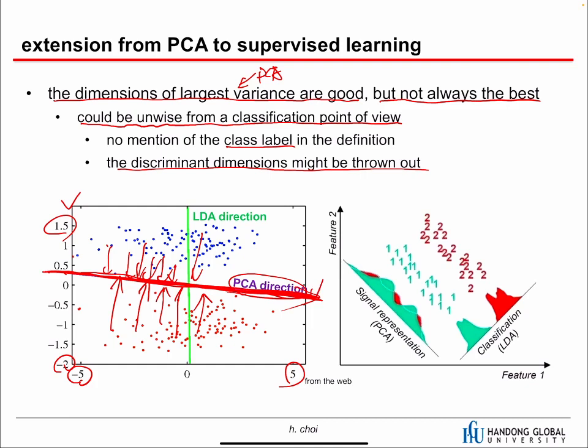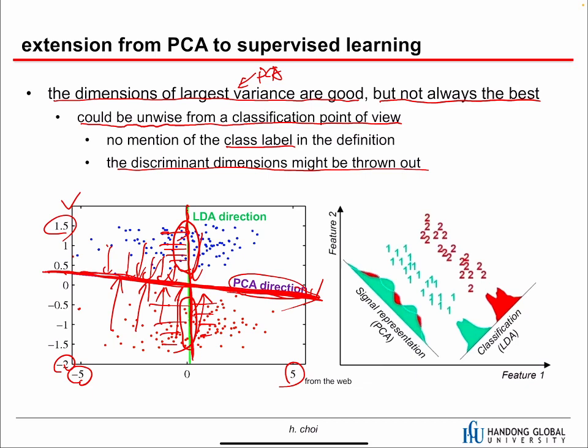Instead, we might like this direction more, because if we project all the samples onto this line, then we have lots of blue dots here, and lots of red dots here. So in terms of classification, this line is way better than this PCA direction.